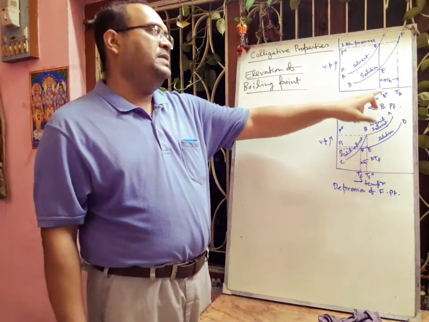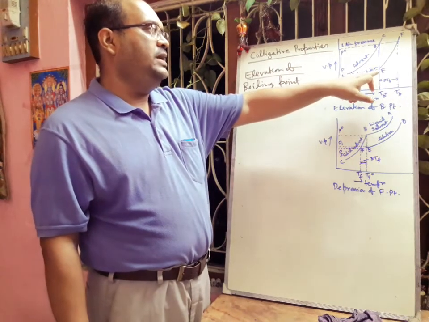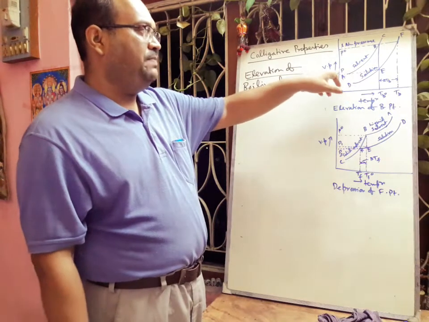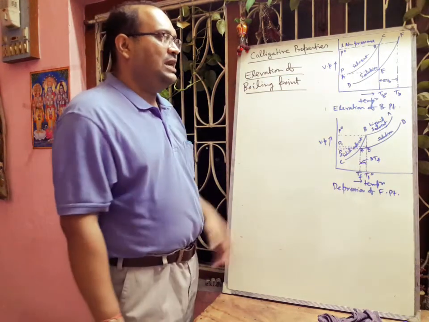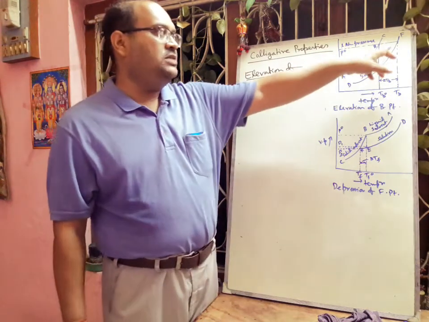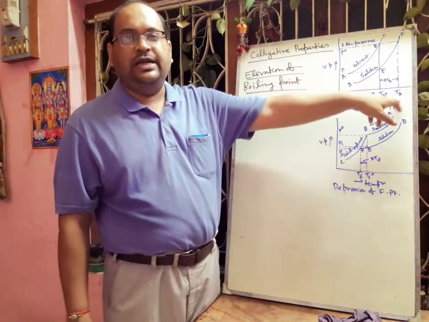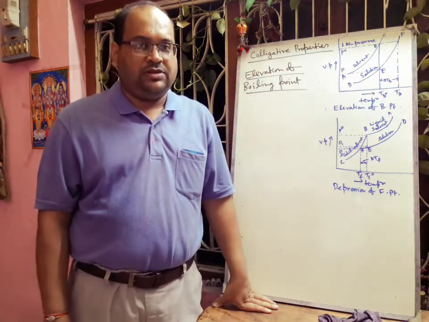Now the vapor pressure of the solution will always be less. But what is the boiling point of the solution? If we extend it, we will get this, that is TB. TB is the boiling point of the solution.